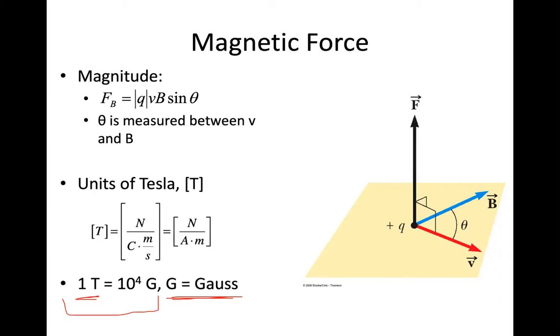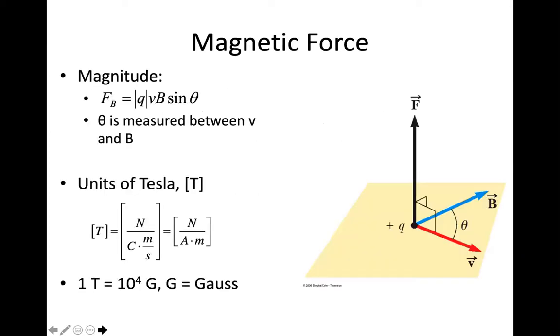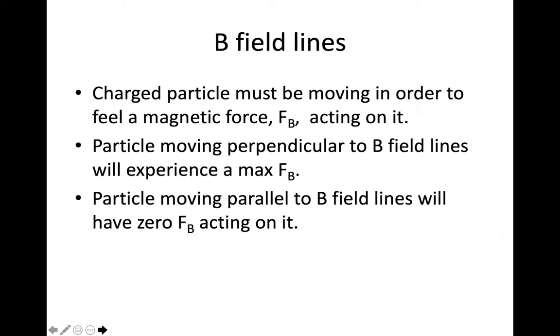So that is the magnetic force magnitude. Magnitude, always positive. How do we find the direction? Okay, so we see that with the cross product, we have to have a charged particle. It must be moving in order to feel a magnetic force on it, but not only that, how it moves matters.